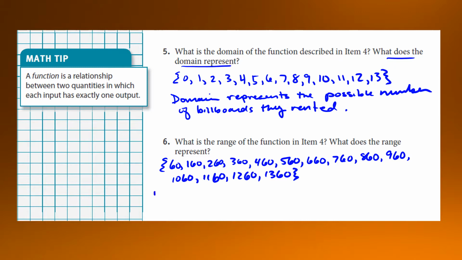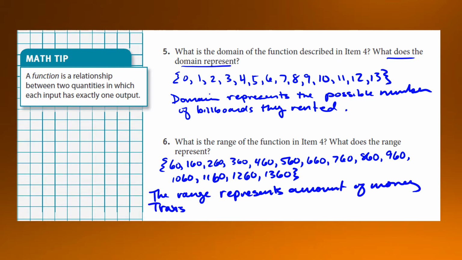And that's because the range represents the possible amounts of money that Travis and Roy could have left. It represents the amount of money Travis and Roy could have left after renting billboards, or not renting billboards if they rented 0.